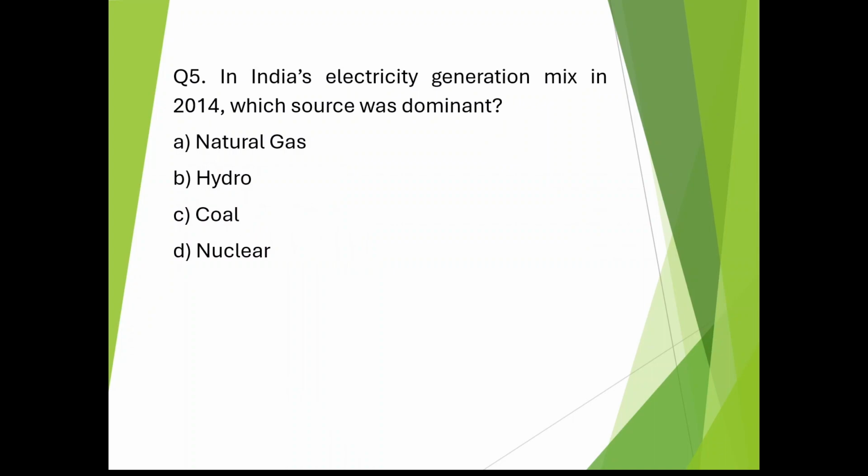In India's electricity generation mix in 2014, which was discussed in slide 16 of lecture 1, which source was the dominant? Out of the 4 options, which source was contributing more to India's electricity generation?